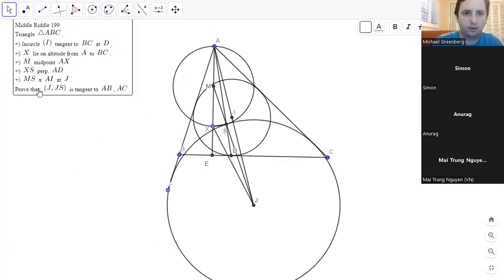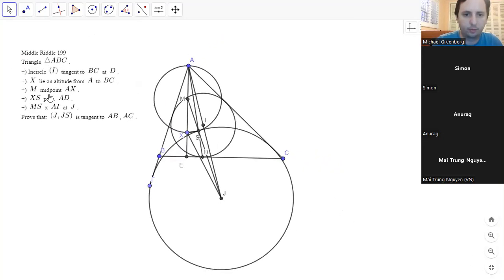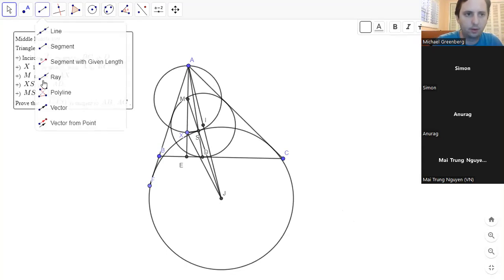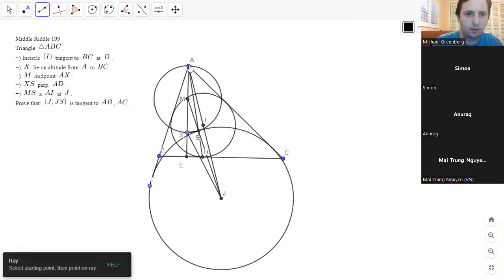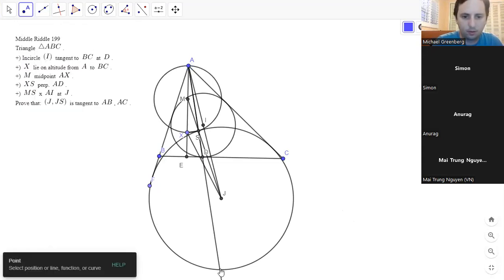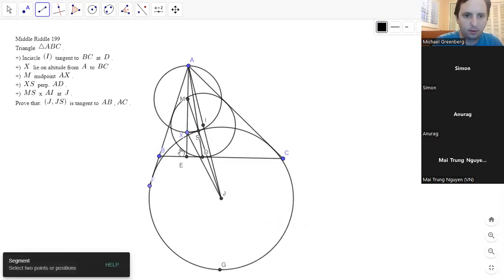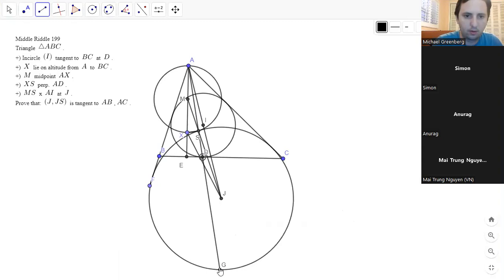I'll shrink the diagram just a little bit. Then JG is perpendicular to BC.